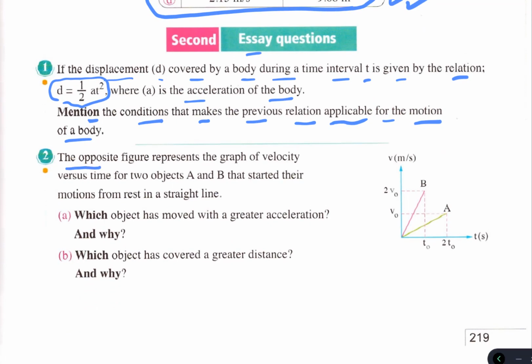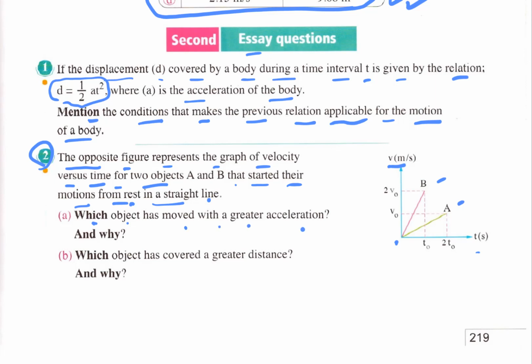The opposite figure represents the graph of velocity versus time for two objects A and B that started their motion from rest, as you see, in a straight line. Which object has moved with greater acceleration?